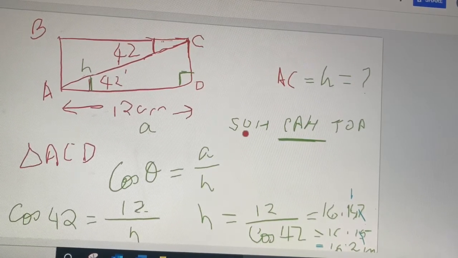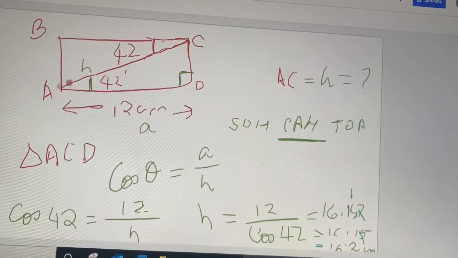If we again use SOH CAH TOA, we need to see which trigonometric ratio relates to the adjacent, because this side is adjacent and this side is hypotenuse, and we can simply see using SOH CAH TOA that it is CAH.